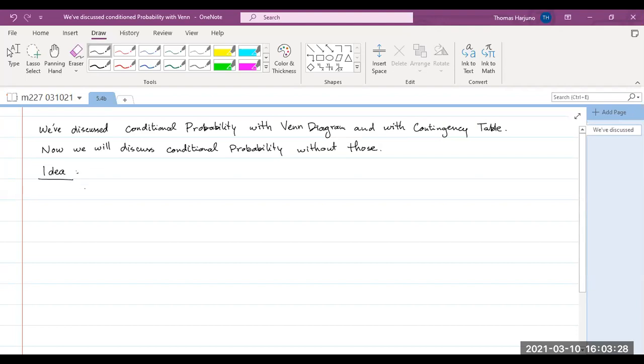If you take a look at what we did last time, probability of A given B, the way we did that, we first found how many elements in B, right?